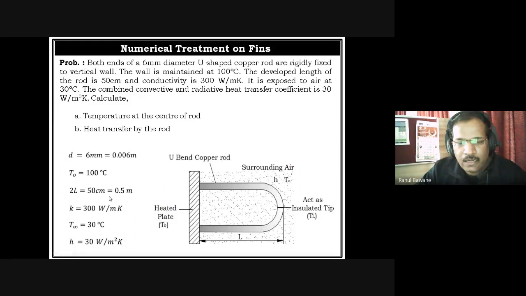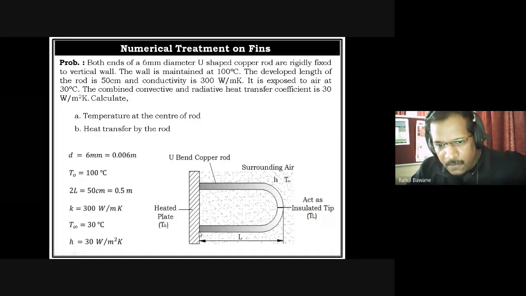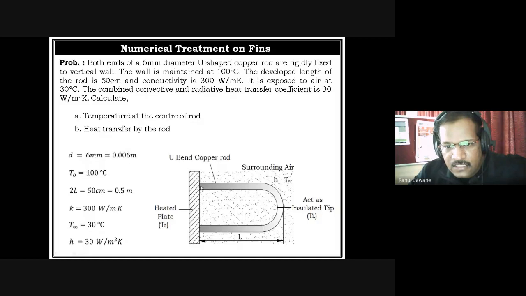Now in this case, what happens? Both ends of the rod are attached to the same source. From the upper end, heat will travel towards the second end. From the bottom end also it will travel from the base plate to the second end, and both sides' heat transfer rate will be the same because of the same material, same base temperature, same thermal conductivity.